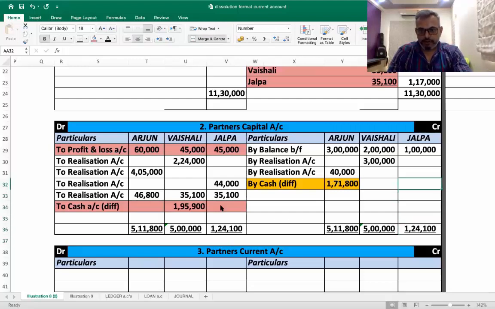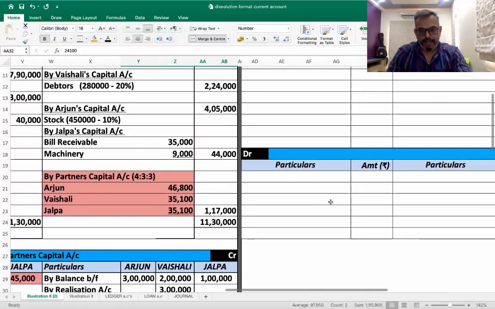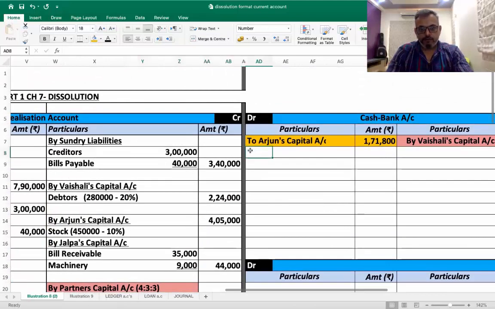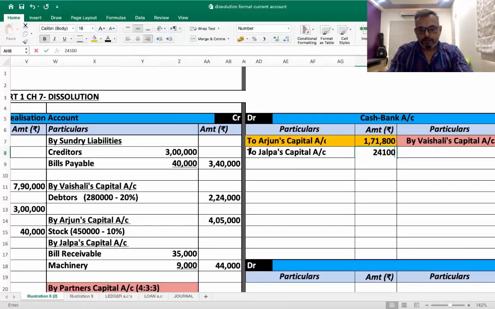Now the difference is 24,100. So Jalpa will also bring cash into the business. So to Jalpa's capital account, 24,100.